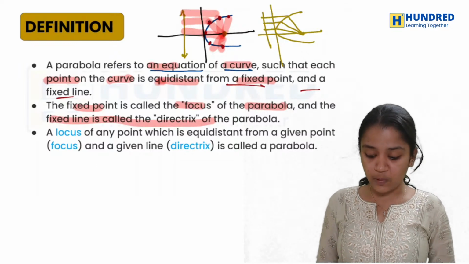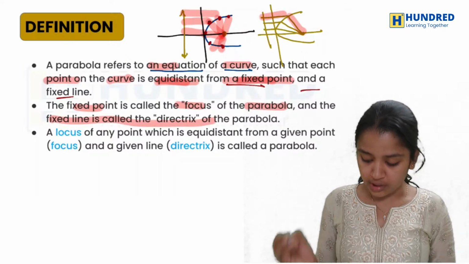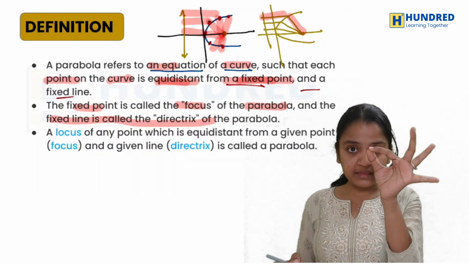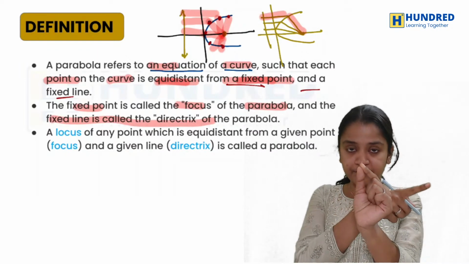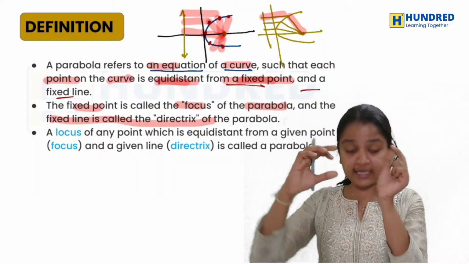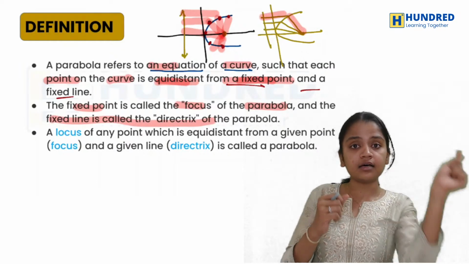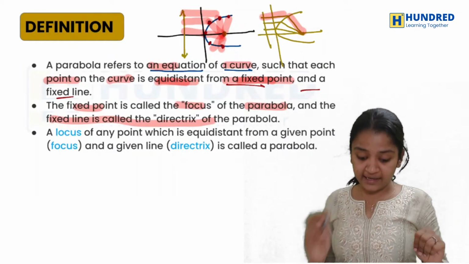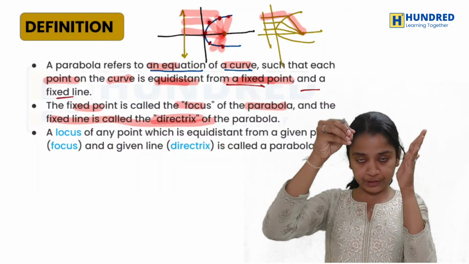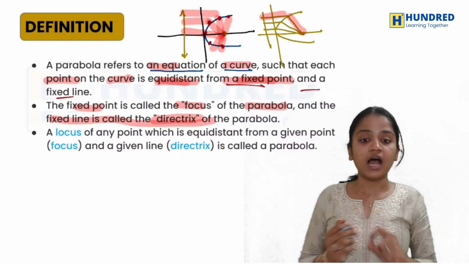What they are saying is equidistance from the fixed point and the line. Any point you take on the curve, from that point you go to the fixed line and you go to the focus. The distance from the point to the focus will be equal to the distance from the point to the fixed line. Here the fixed line is called the directrix. So the distance from the directrix to the point on the curve will be equal to the distance from the point on the curve to the focus. Are you clear?